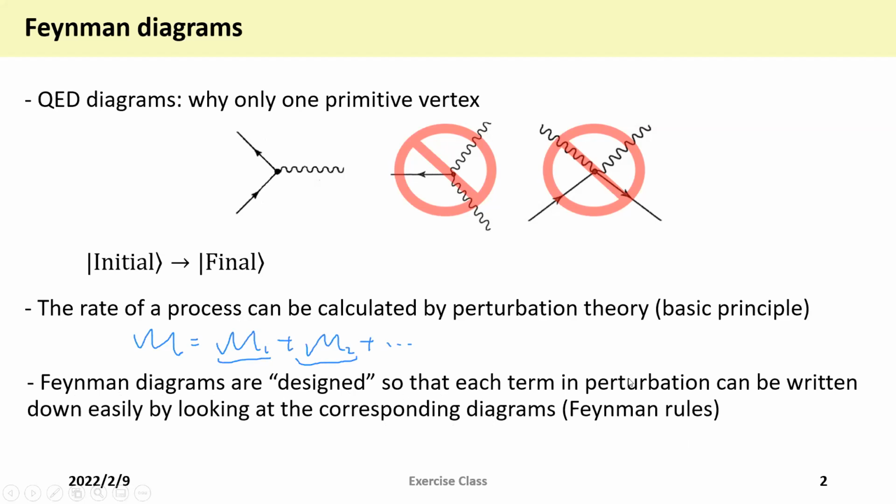Feynman diagrams are based on the theory of perturbation, so they are not the most fundamental thing. If we include some vertex like this, then this diagram will not correspond to any term in perturbation, and that's why we don't consider it a primitive vertex. So I think this is a more complete answer to why we only need one primitive vertex: it's based on the principle of perturbation.